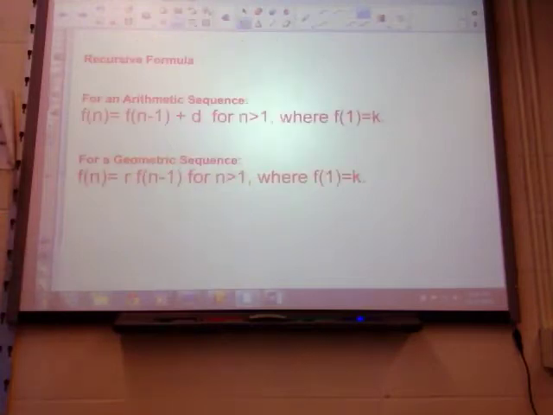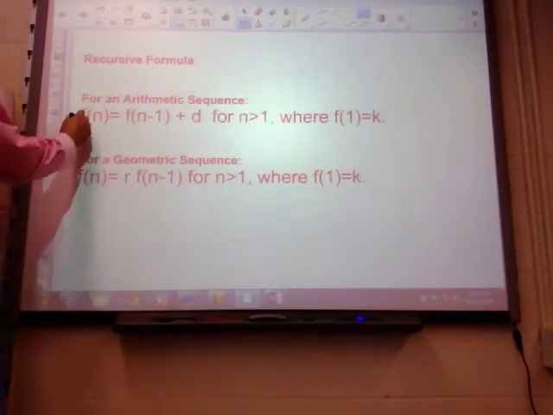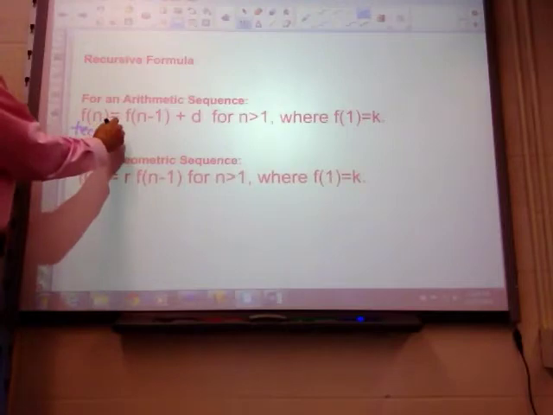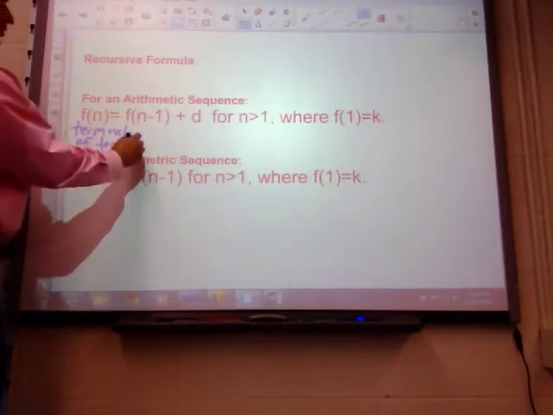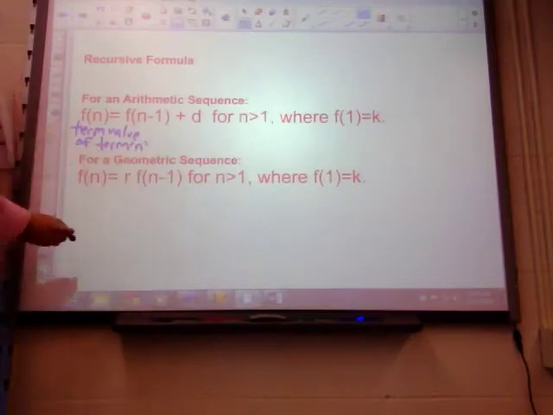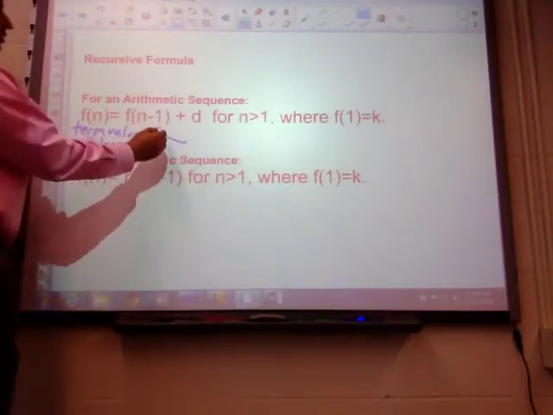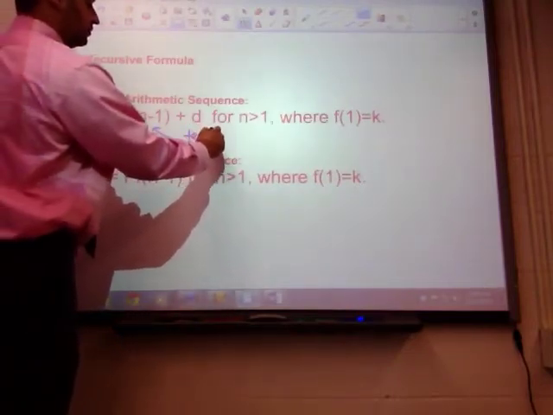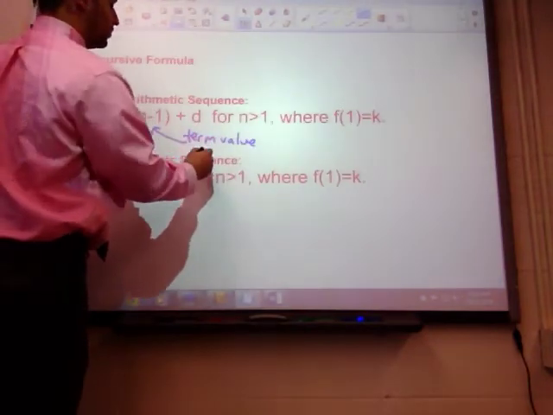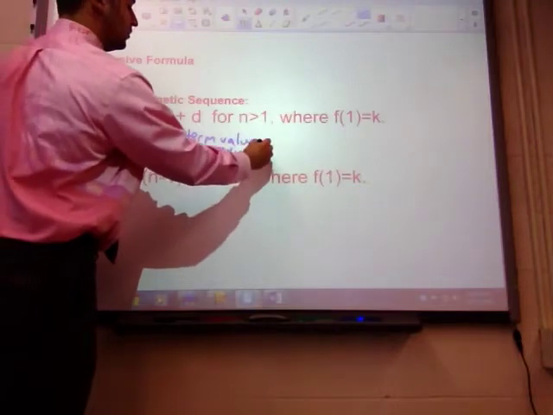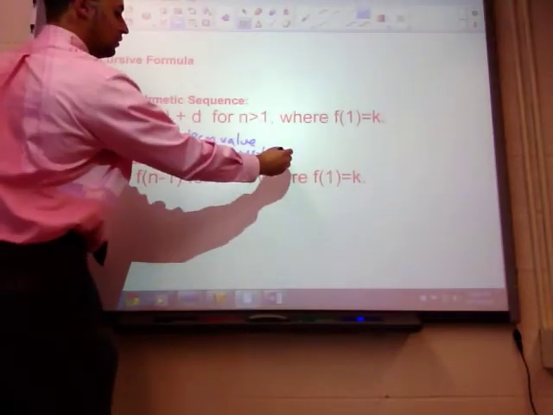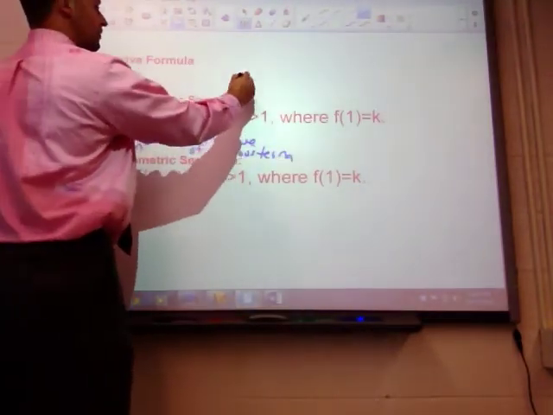So the recursive formulas. These are a little more complicated to look at, but very easy to work with. What we're saying here: f of n, again, is the term value of term n. f of n minus 1 is the term value of the previous term. d is still the common difference.